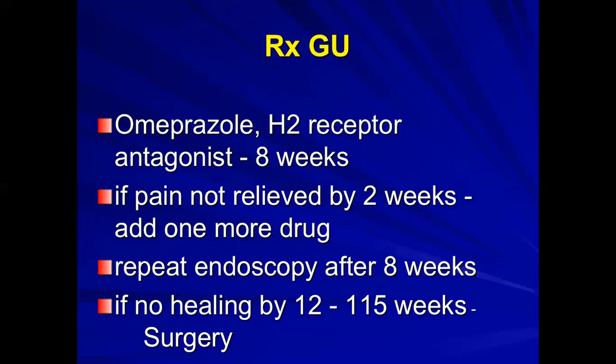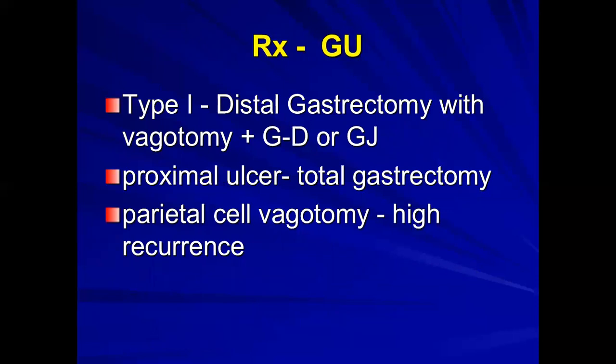If biopsies show some malignancy, then you have to go for surgery. So distal gastrectomy with vagotomy or gastroduodenal or gastrojejunal interposition. You can go for proximal ulcer and you can go for total gastrectomy.